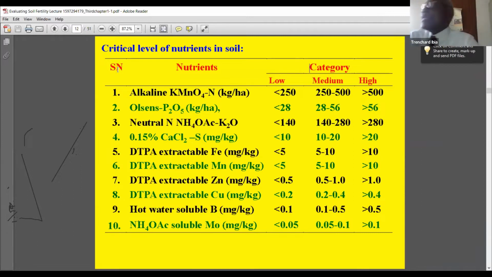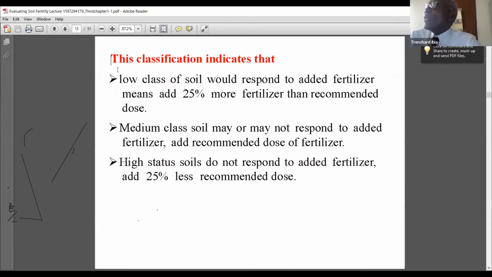This classification enables decision to be taken during actual fertilizer application. When you have soils falling within low range, low classification of soil nutrients, it is recommended that you add additional fertilizer, additional 25% more than what is recommended.